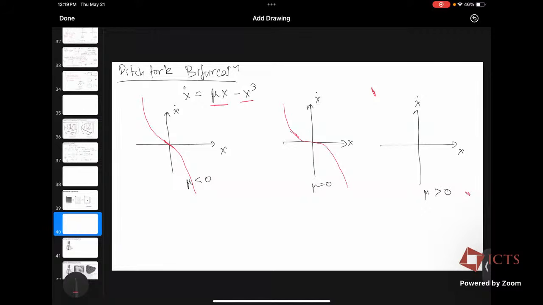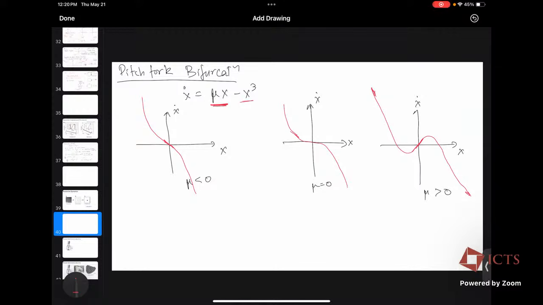Whereas over here, at 0, my cubic term has no slope at 0, but the mu x term has positive slope. And so over here, this has to look something like this. And so my function has to look something like this, which goes down, comes back up, and then goes down again. Right? So these are the different kinds of things that I can get.